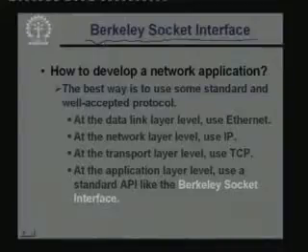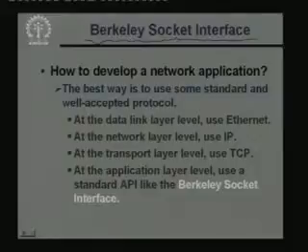That was a very well known version of Unix which was developed at Berkeley, and this socket interface was developed as part of it. Okay. Now, this Berkeley socket interface is a means for accessing the TCP or IP services over the network.